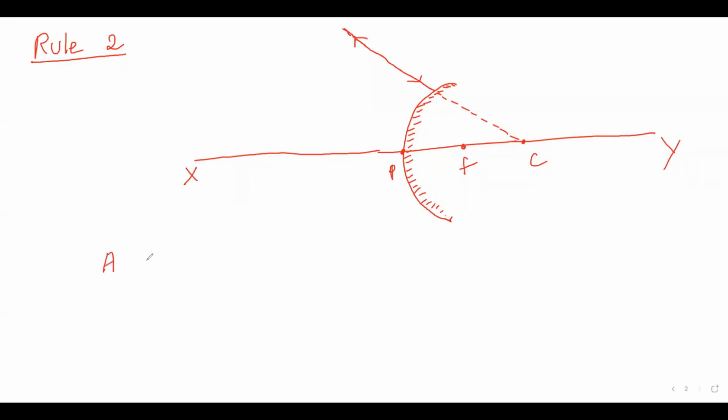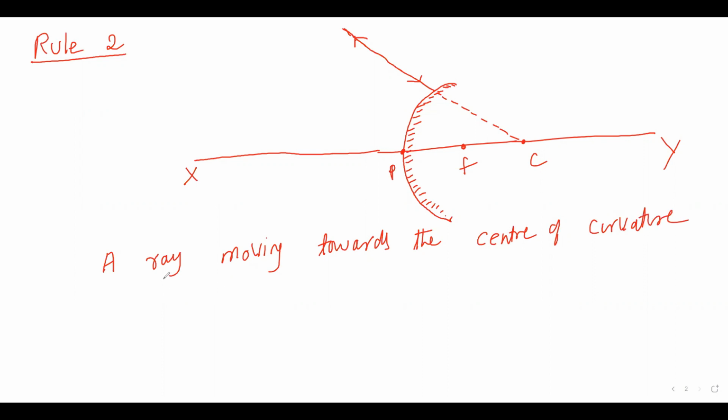A ray moving towards center of curvature will reflect back in the same path. This is your rule number 2. Noted?